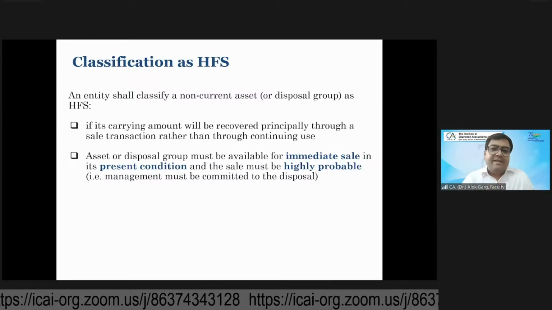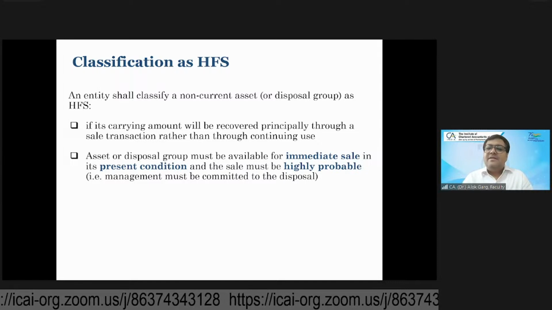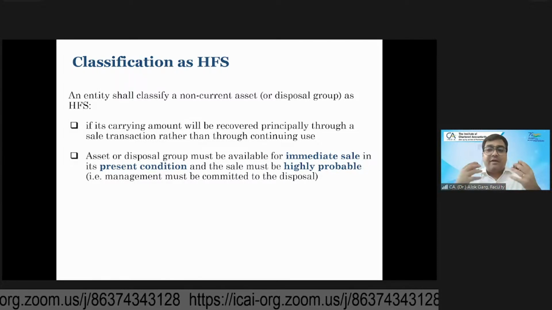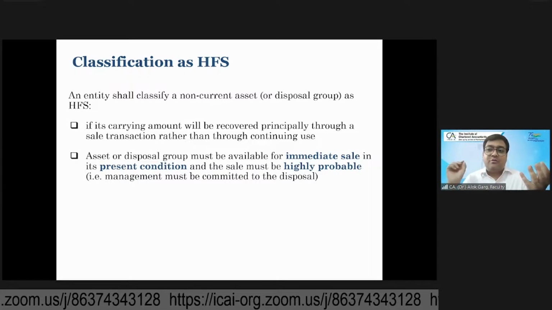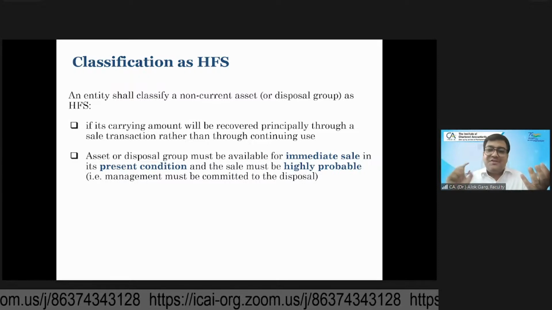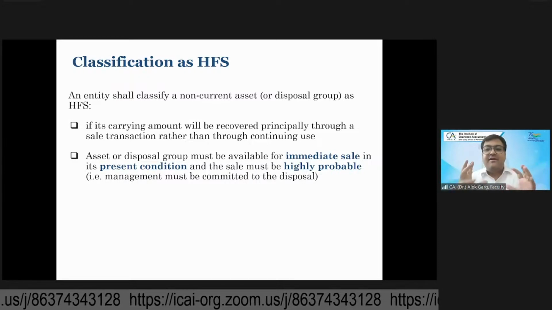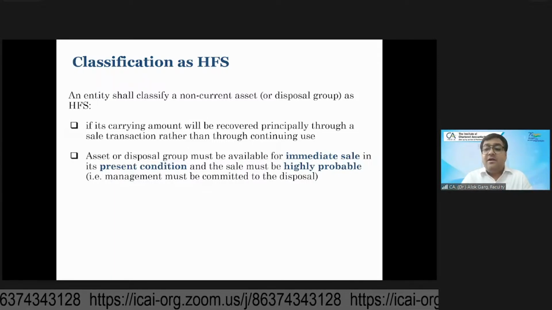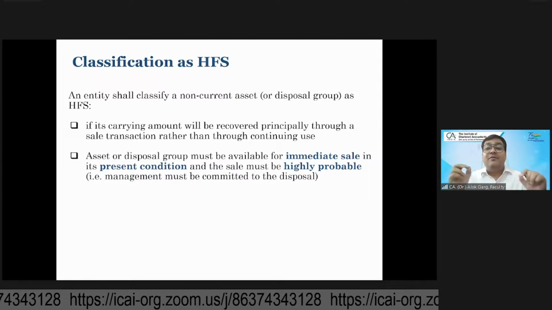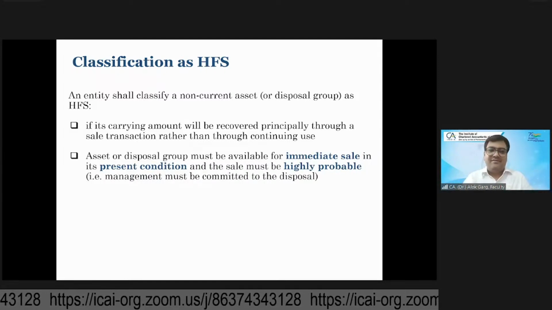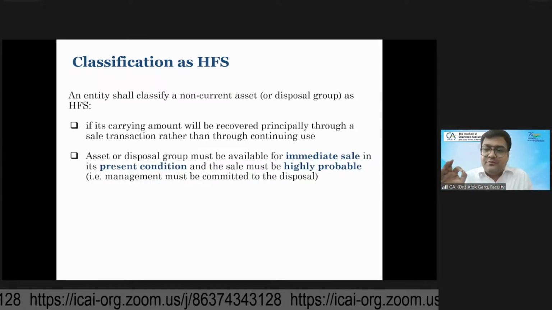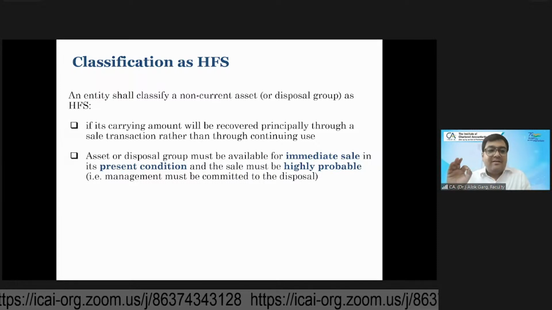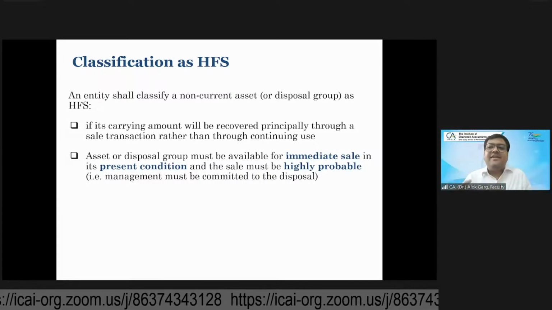So, my dear friends, in the examination, if the question is testing your application knowledge, then the question will be twisted around these concepts, where prima facie it is available for sale, but prima facie it is not available for immediate sale in present condition, right? So you need not go with the flow. You have to carefully read the question, understand the question.